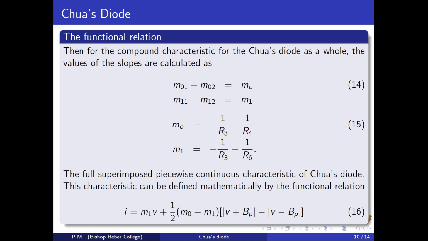The full superimposed piecewise continuous characteristics of the Chua's diode. The characteristics can be defined mathematically by the functional relation I is equal to M1 V plus 1 by 2 into M0 minus M1 into modulus of V plus BP minus modulus of V minus BP.